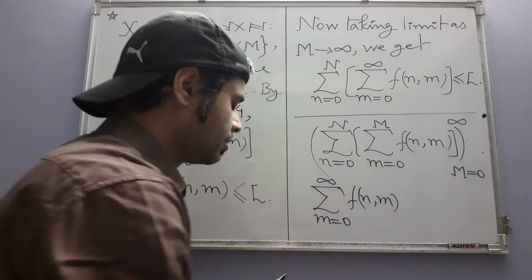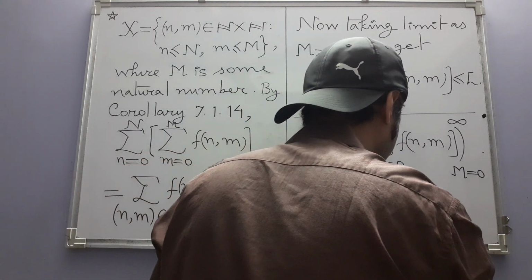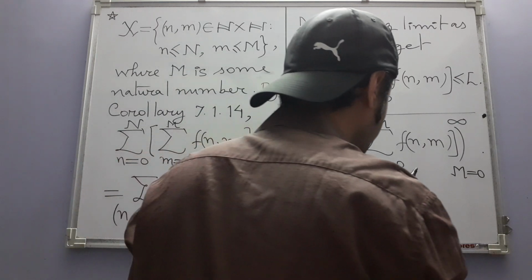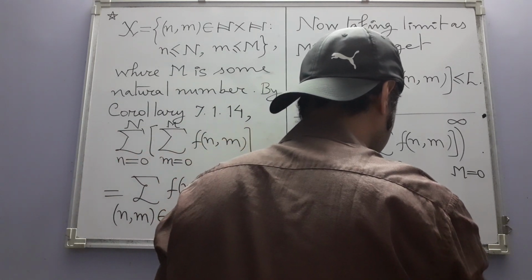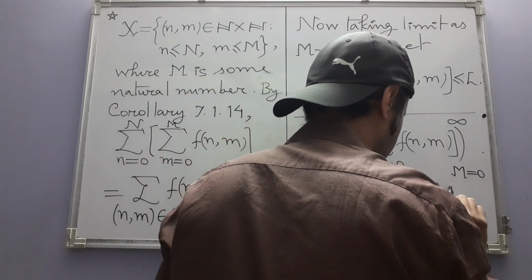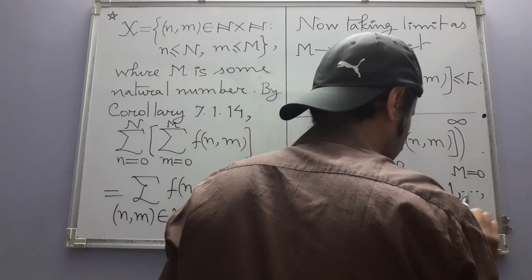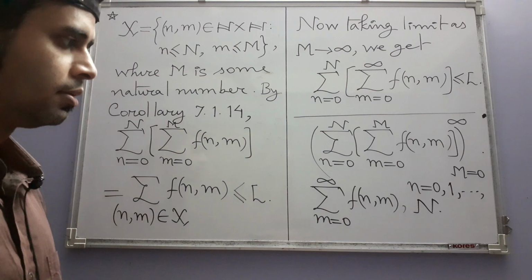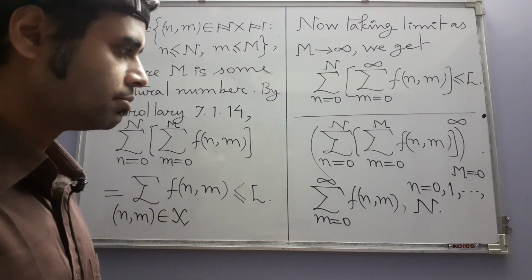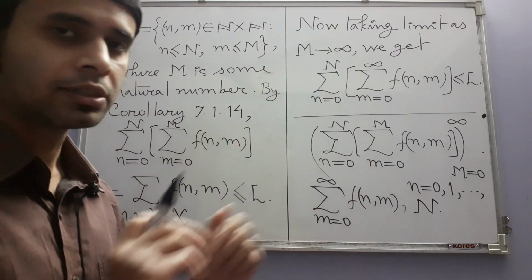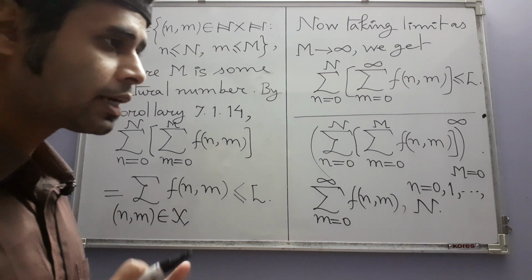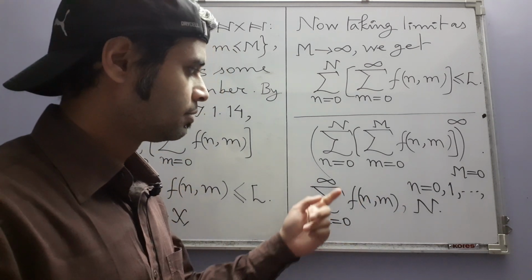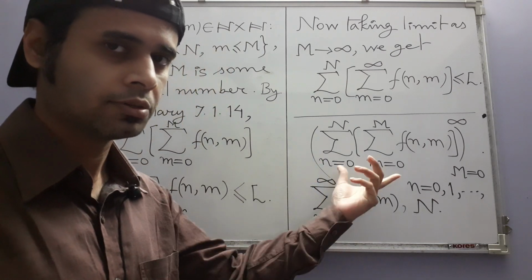For each such series, let me show the variation also. Say you are considering this infinite series for precisely these values of n, 0, 1 and so on, up to N. So for each one of them, you get a sequence of partial sums. You can take the sum of those sequences of partial sums. It is that sum, this sequence.